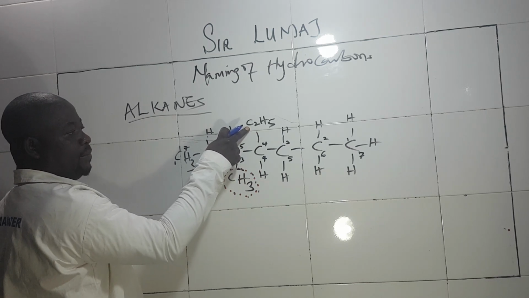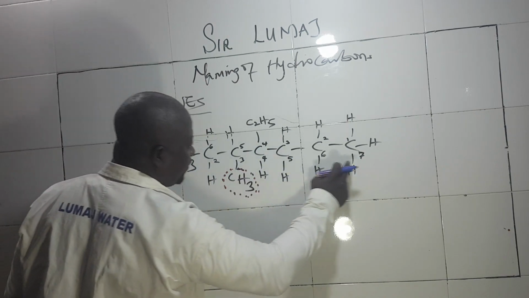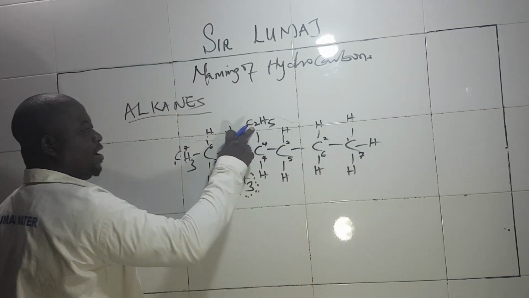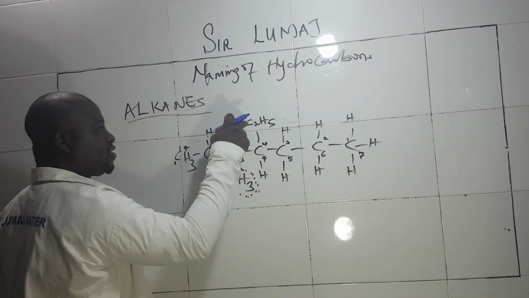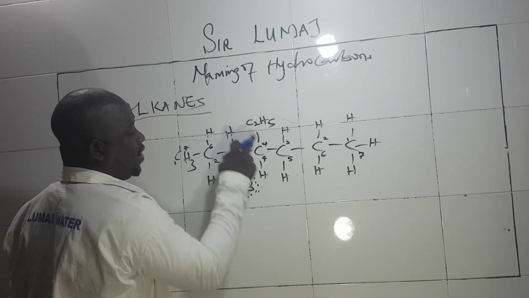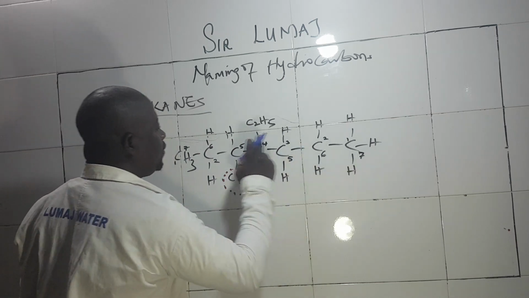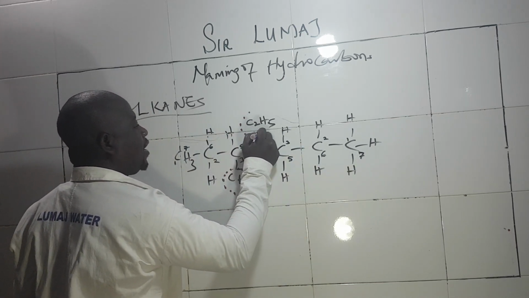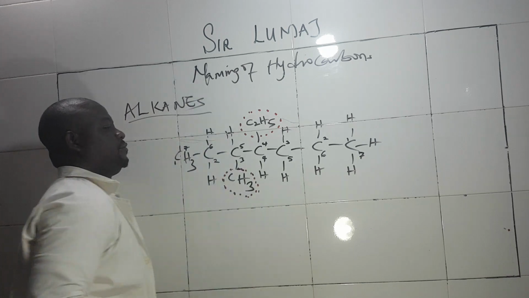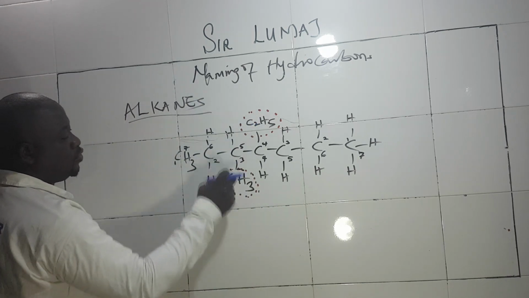Is that clear? Here we have 7 carbon atoms. Here we have 6 carbon atoms. So 6 is still lower than 7. Therefore, we are going to pick 7. This one will now become another attached chain. So we have 2 attached groups.